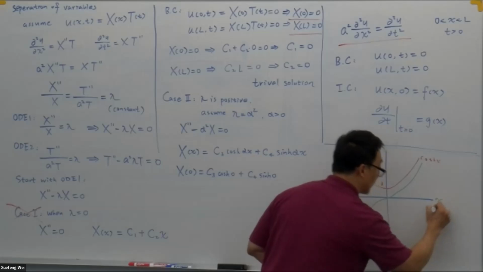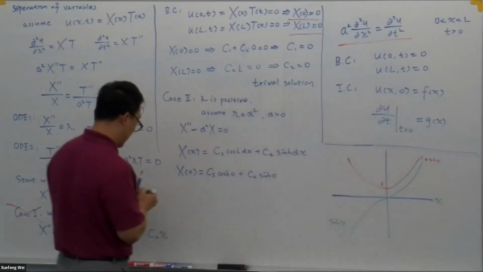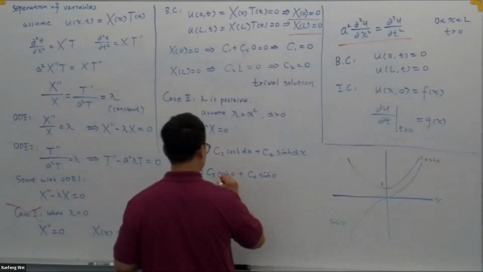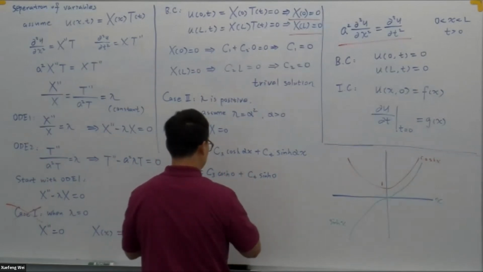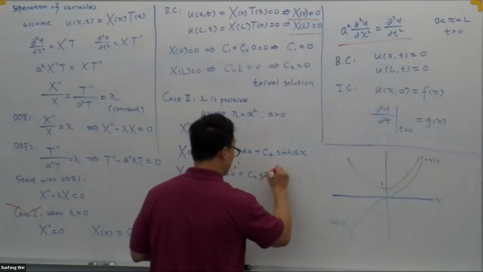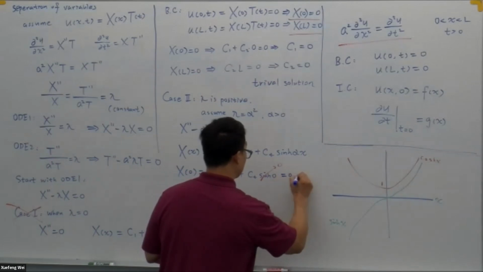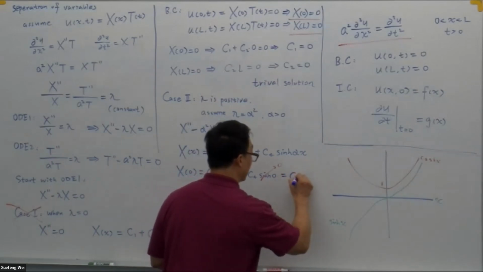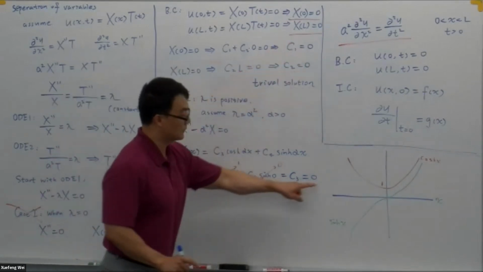So you can see that cosh(0) is 1, and sinh(0) is 0. So this equals 0, and that means C3 is 0.